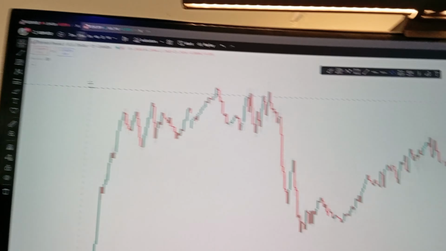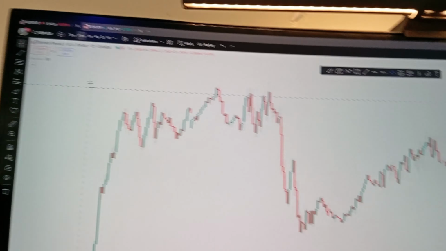Okay, so I'm already seeing market structure here. I, being a trader, if you ask me, this is an uptrend. This right now is an uptrend from this point, moving up to all here right now.